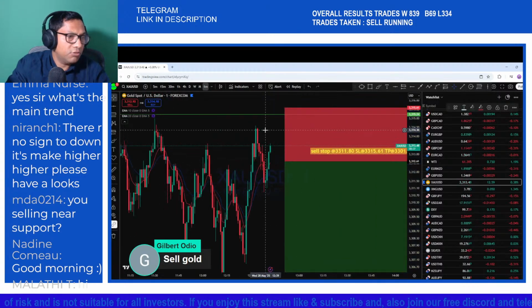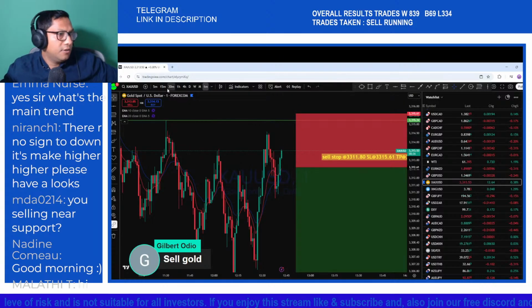So you see that it reached that neckline here on the 1-minute chart.